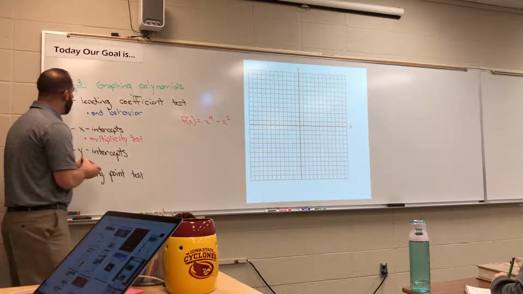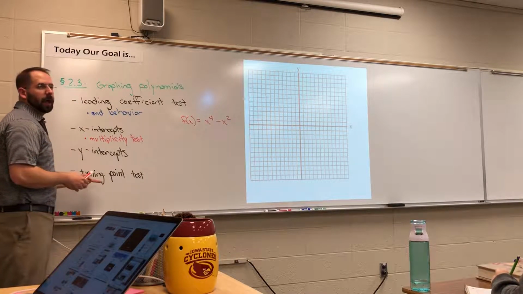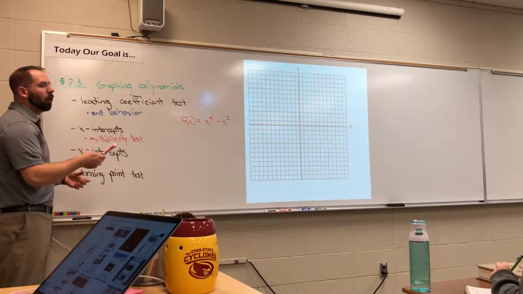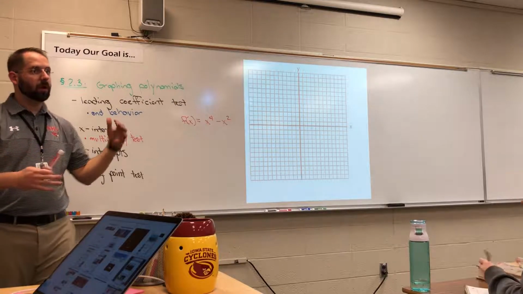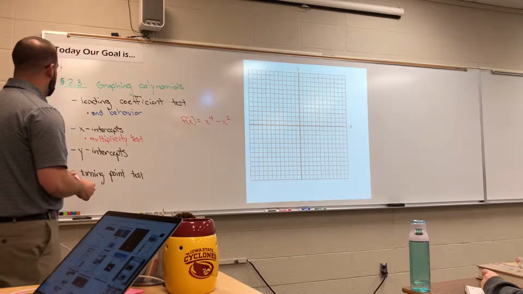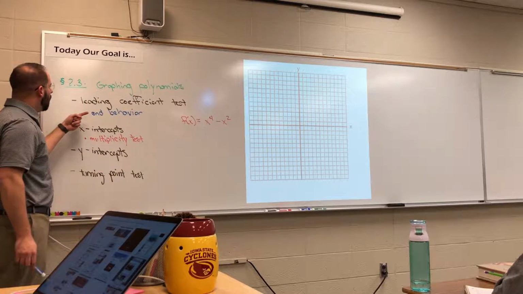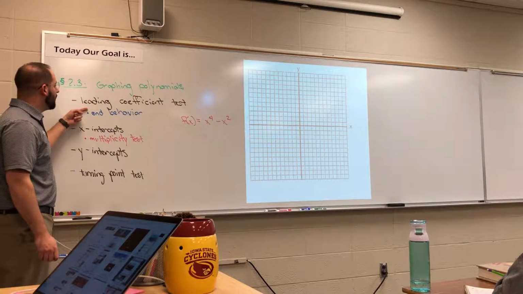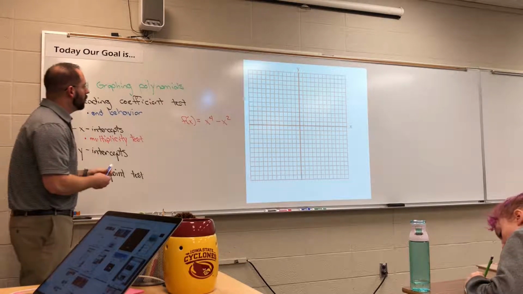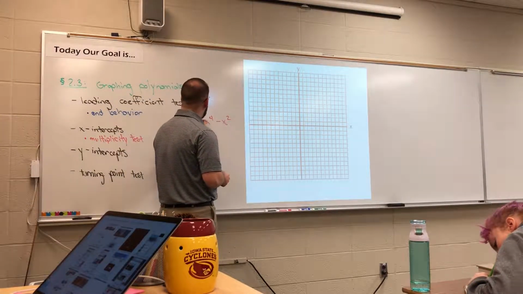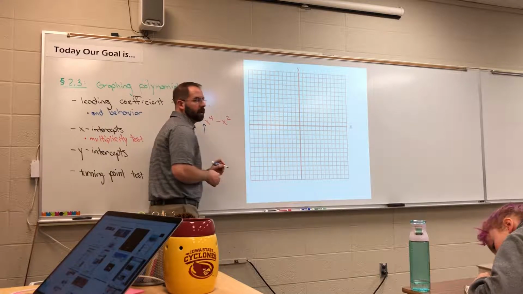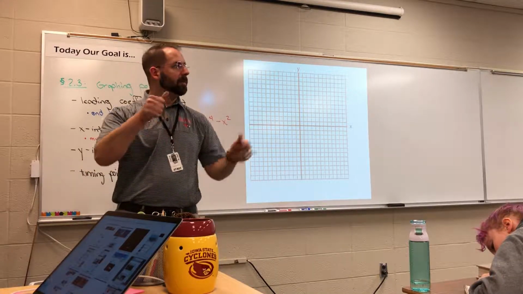What we're going to do is walk through these checklists and the little rules that we have, to know roughly how to draw this thing, a rough approximation of it. We're going to do the leading coefficient test first. Let's look at the leading number out front. Is it a positive or negative number on the biggest term?